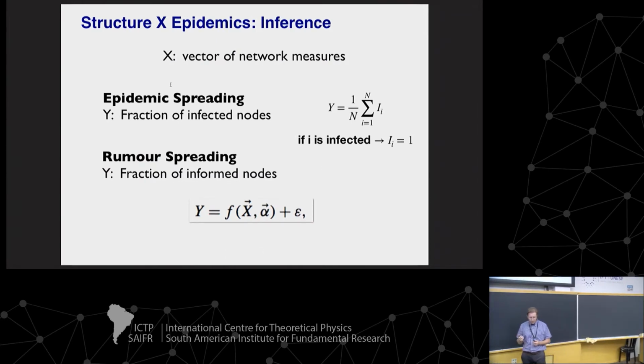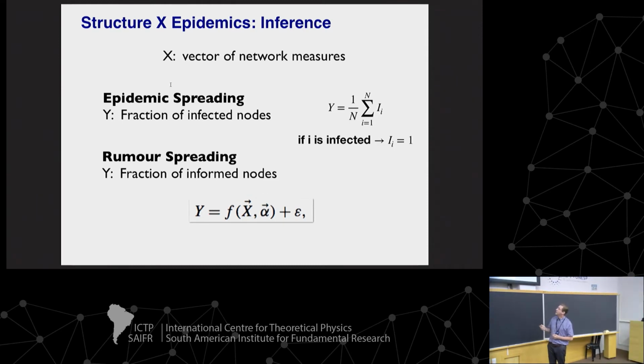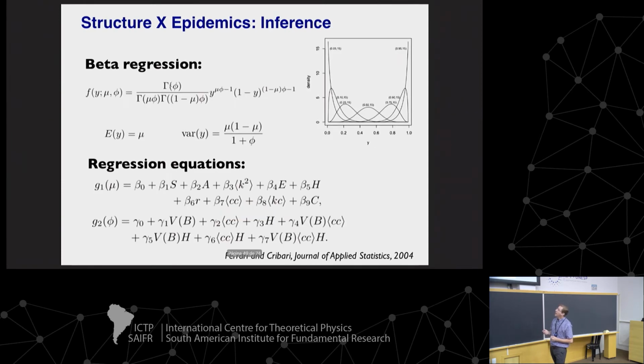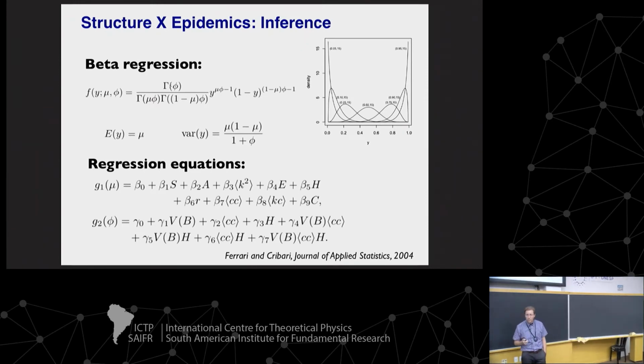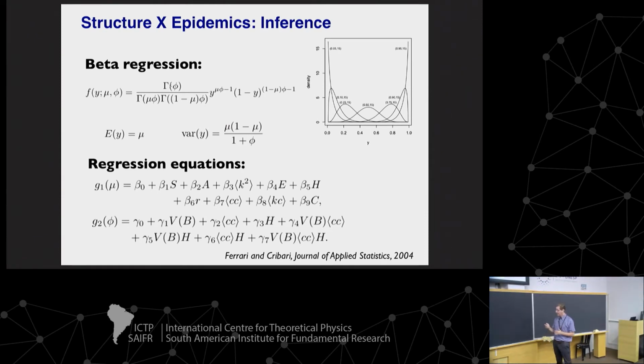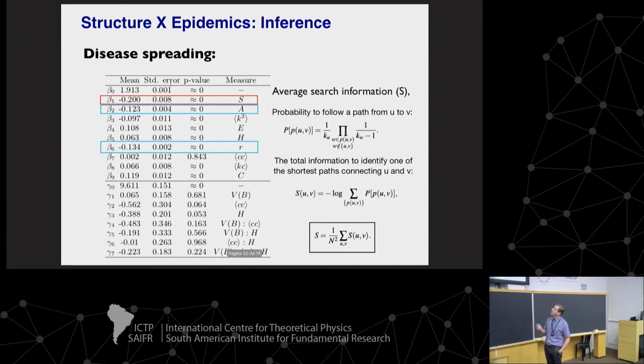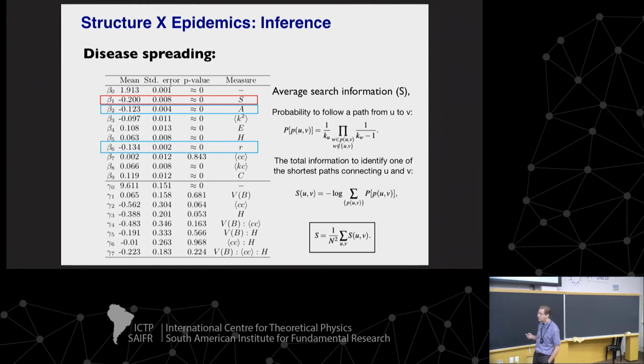We also applied this approach to epidemic spreading and rumor spreading. In this case, our output variable is the fraction of infected nodes, or the fraction of informed nodes in the rumor spreading. Again, we assume a regression model, but in this case we have considered a beta regression model because the beta distribution is limited between 0 and 1. Then we can write the regression equations and perform the inference, and we verified that the average search information is important, which is related to network navigation.